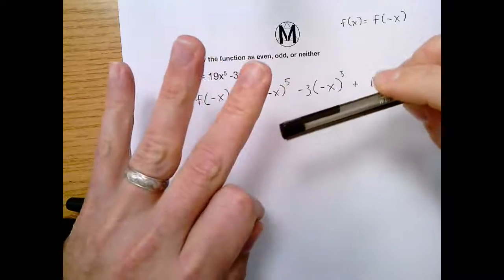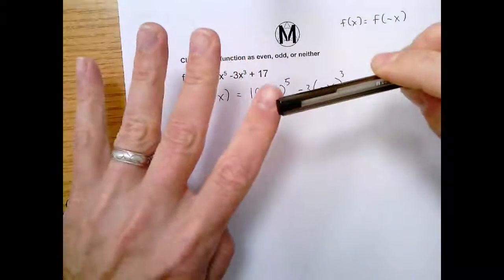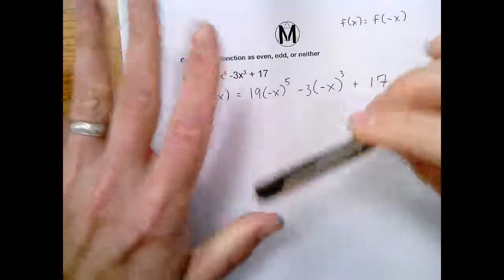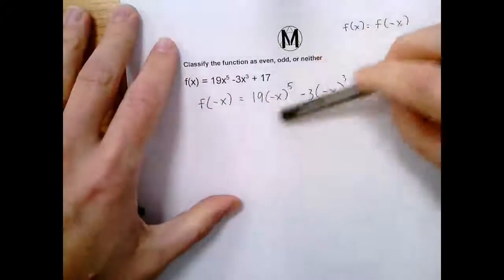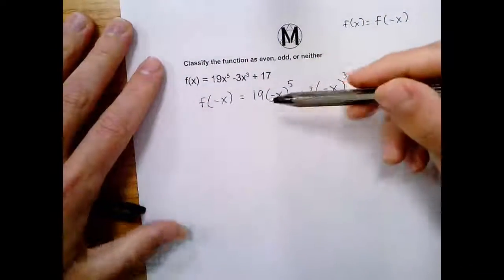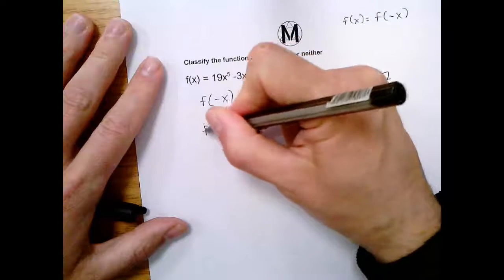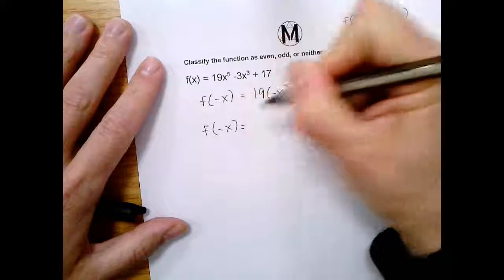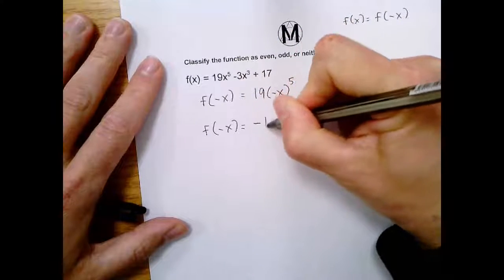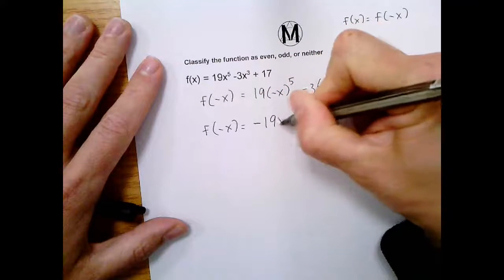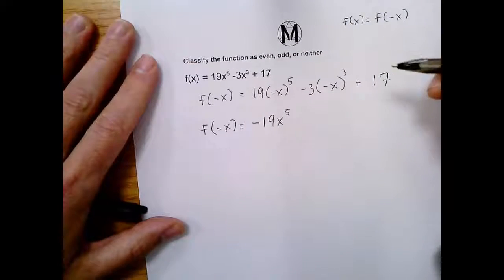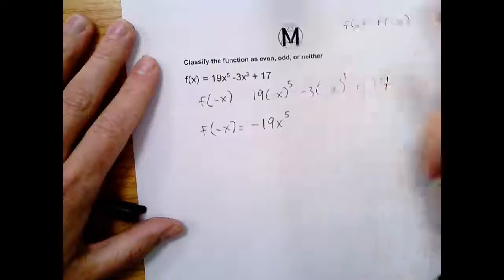Negative x times negative x times negative x is negative x, and then so on. So this whole thing would become negative x to the fifth, right? So that's like saying this: f of negative x, this one would be negative 19x to the fifth.